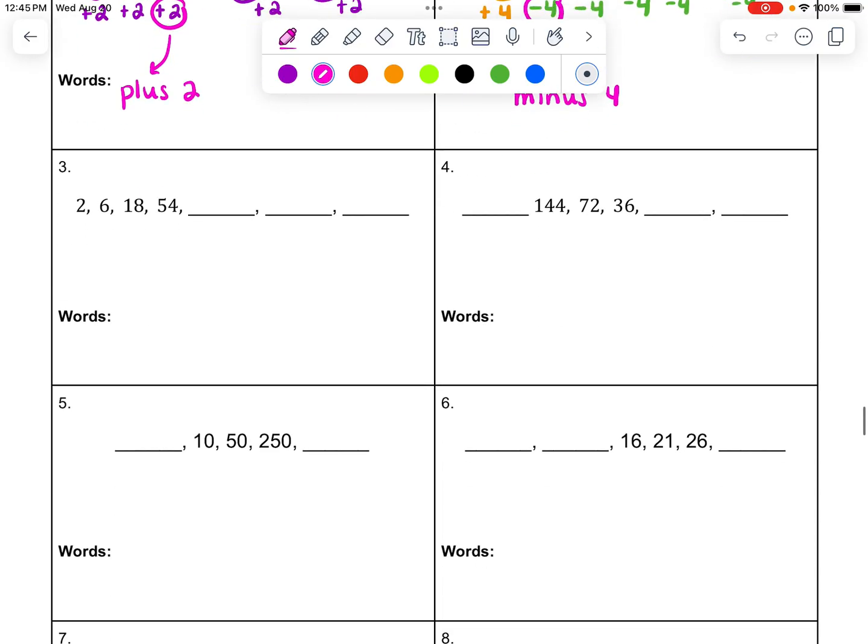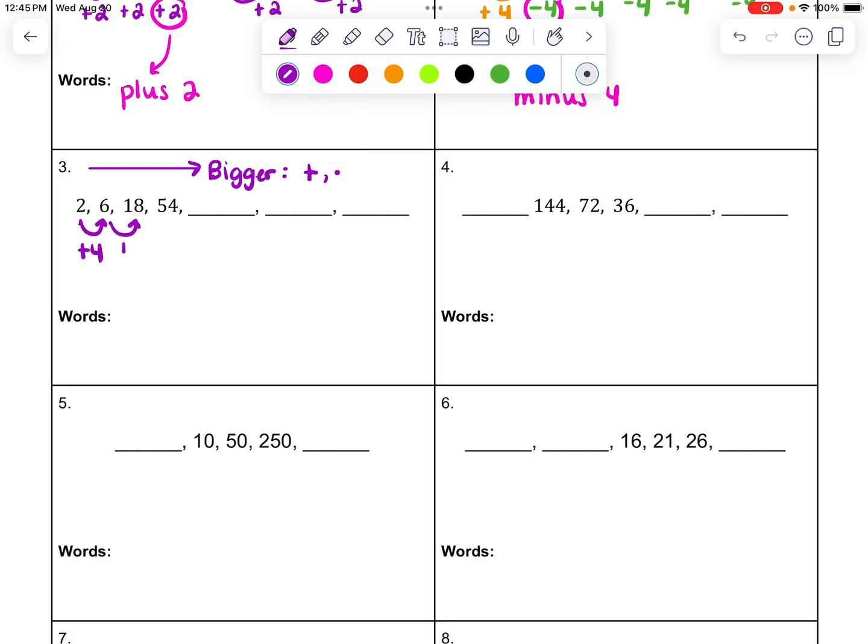For problem number 3, at first I noticed the numbers are getting bigger. So the pattern will be plus or multiply. To go from 2 to 6, I plus 4.